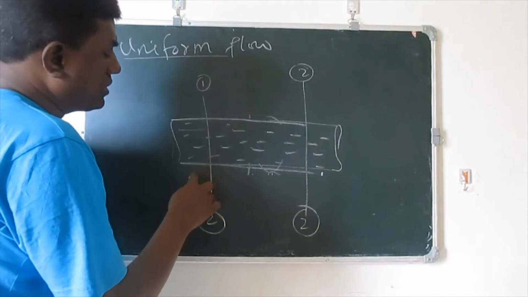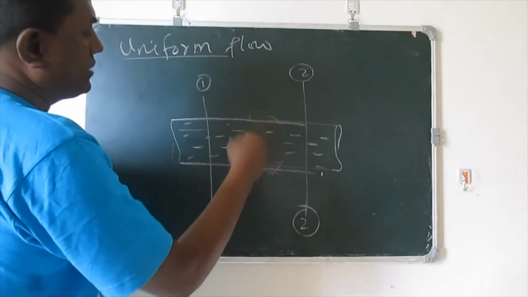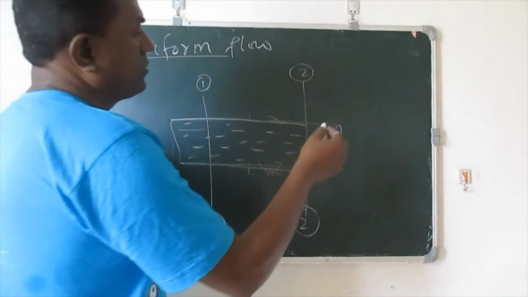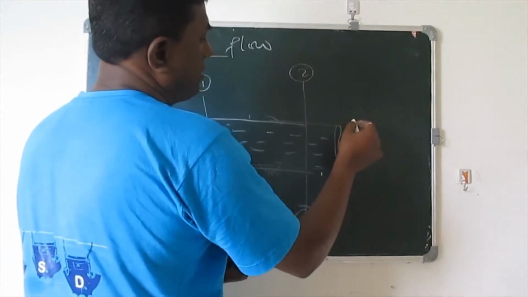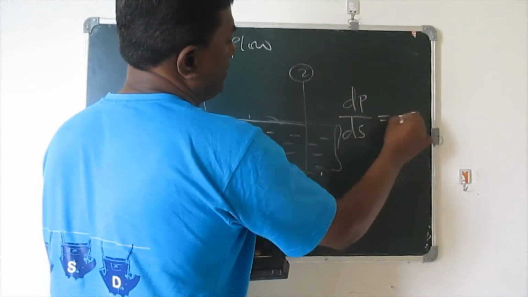It means there are no changes in the fluid parameters with respect to space. So we can write it as dp by ds is equal to 0.